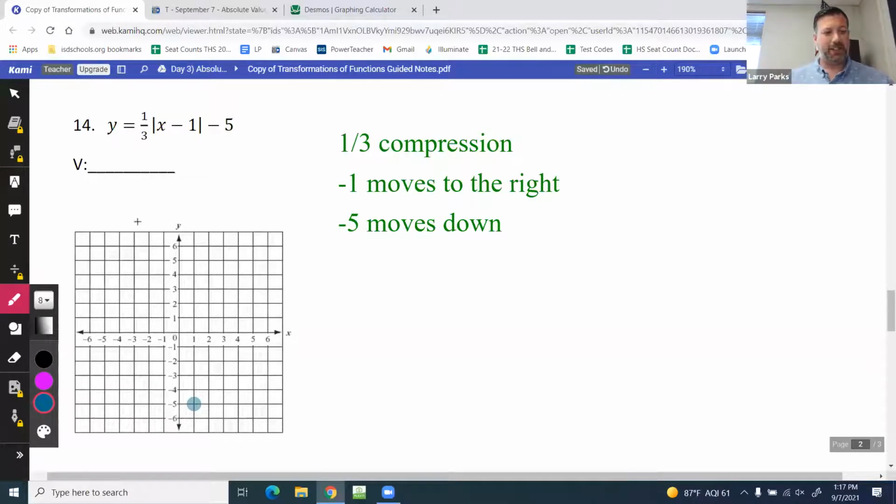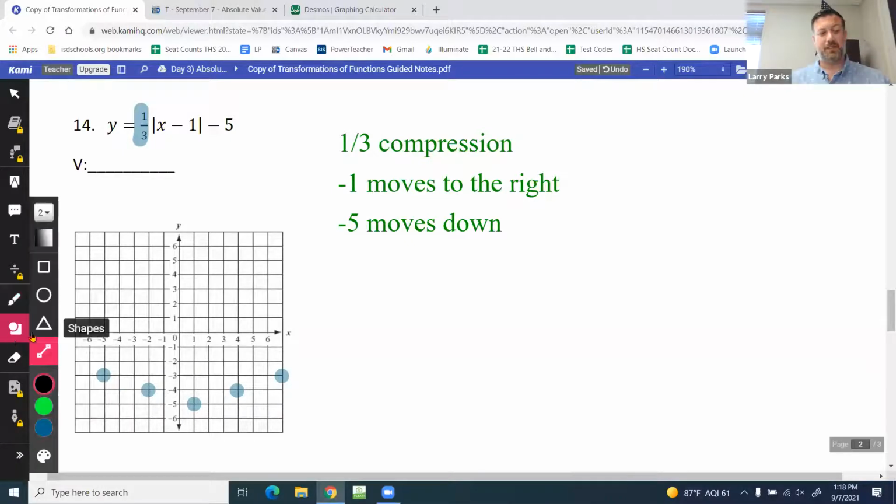All right. And then from there, you have this 1/3. You can think of it as rise over 1. So now I'm going to go up 1 over 3. 1, 2, 3. Up 1 over 3. Same thing, up 1 to the left 3. I almost had to check, make sure it wasn't negative. Okay. And then I draw my graph. See, so it starts here. And it really did cause a compression.